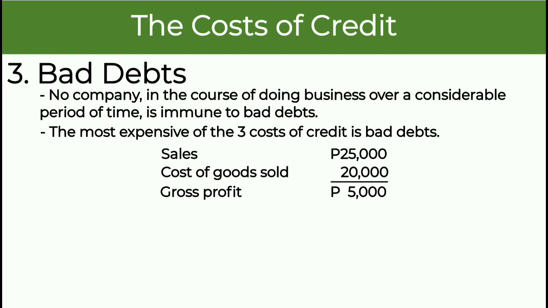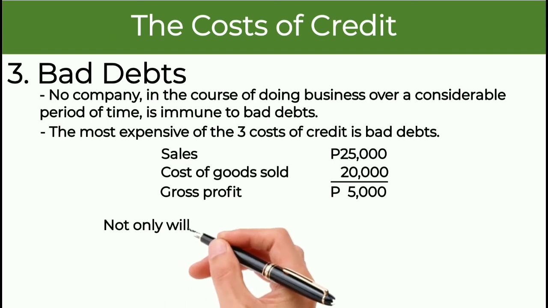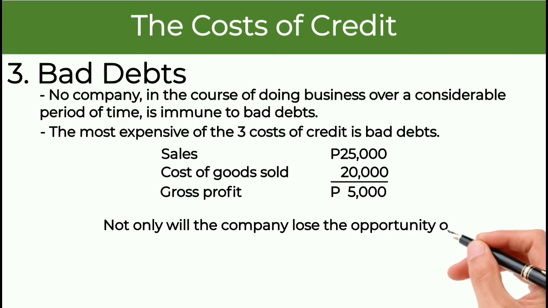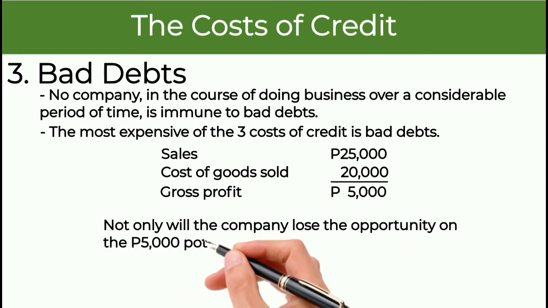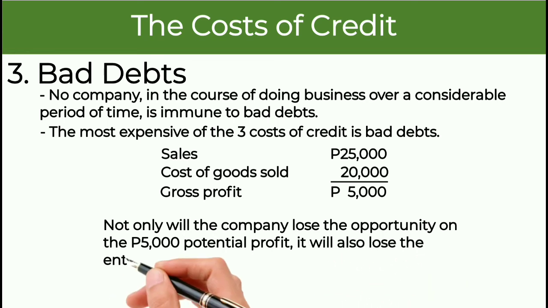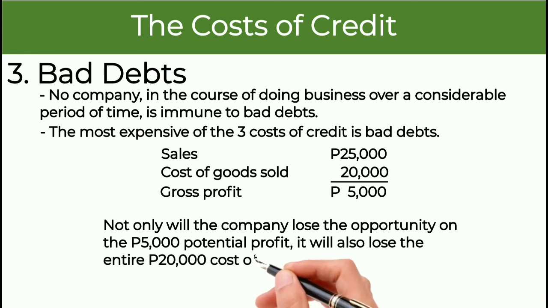That will be considered as loss of the company. Not only will the company lose the opportunity on the 5,000 pesos potential profit, it will also lose the entire 20,000 pesos cost of goods sold. In other words, the entire sales worth 25,000 pesos will be considered as a loss of the company.